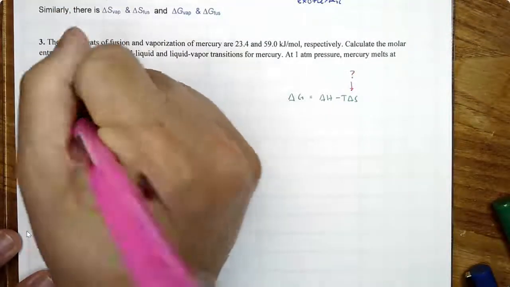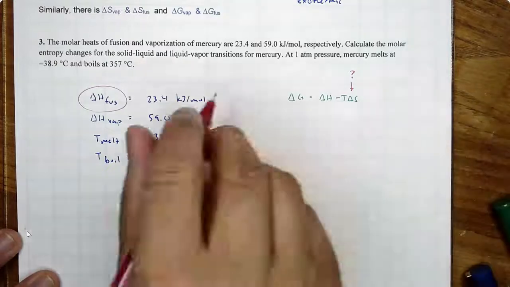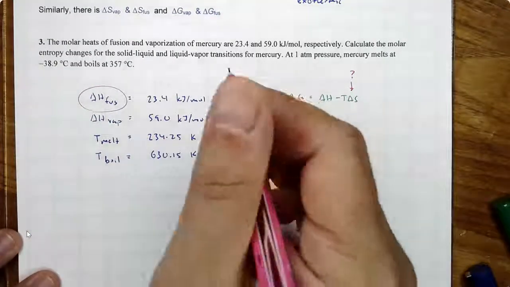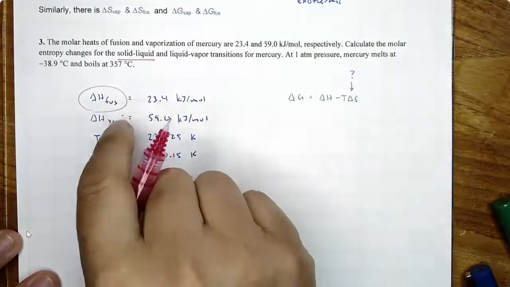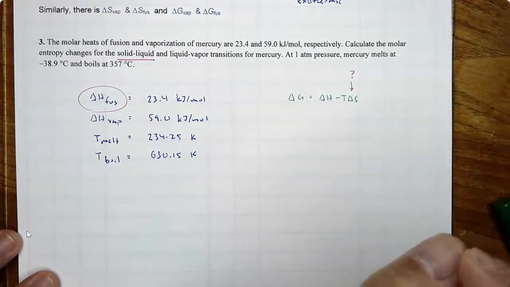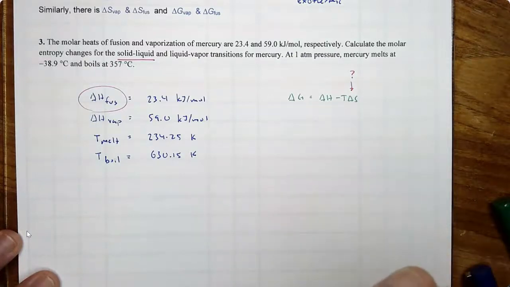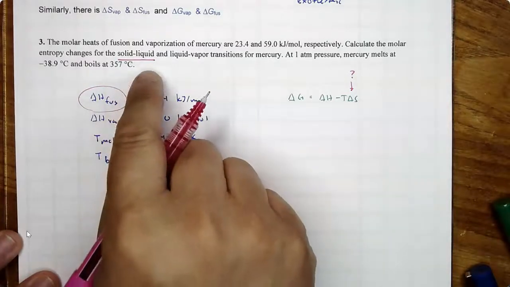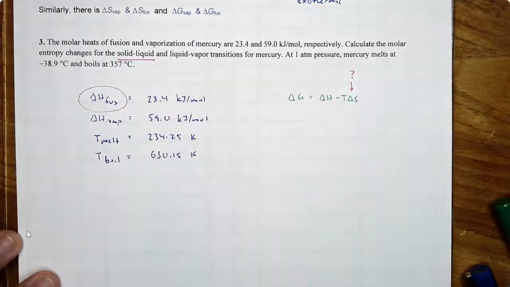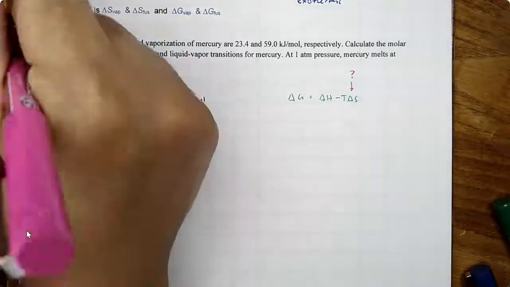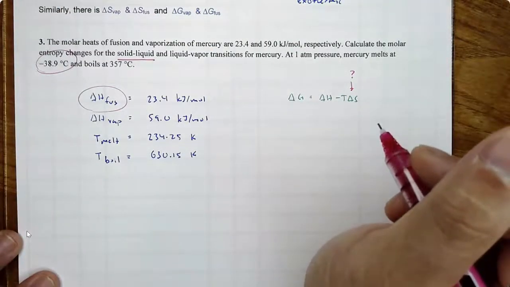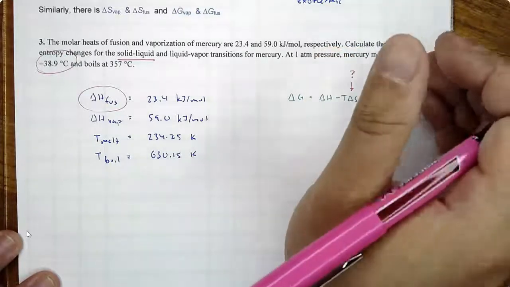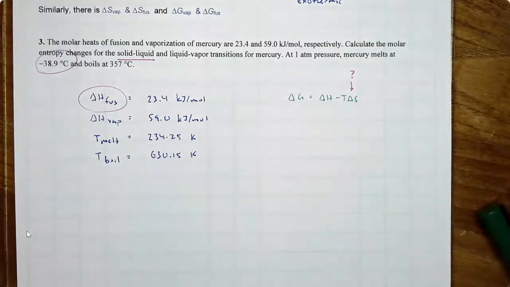So heat of fusion is the solid to liquid transition. So I'm color coding also. Everything in pink is what I'm going to consider first. And we need, is that right? Yeah, solid to liquid fusion. So we need the melting point. The melting point is the temperature at which the solid and liquid are at equilibrium.